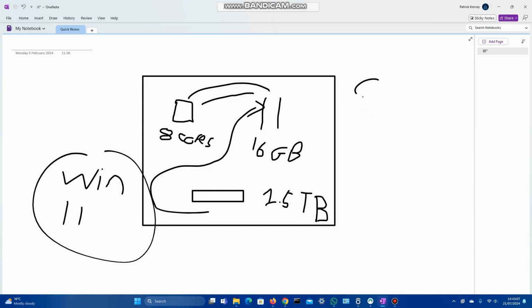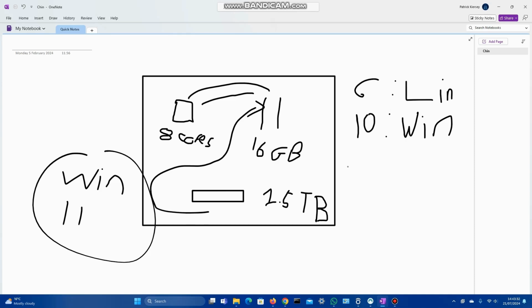So that would mean 6 goes to Linux. I'm just going to say Lin. And that would leave us with 10 gigabytes for Win. On storage, with Oracle VirtualBox, it actually gets stored in a folder.